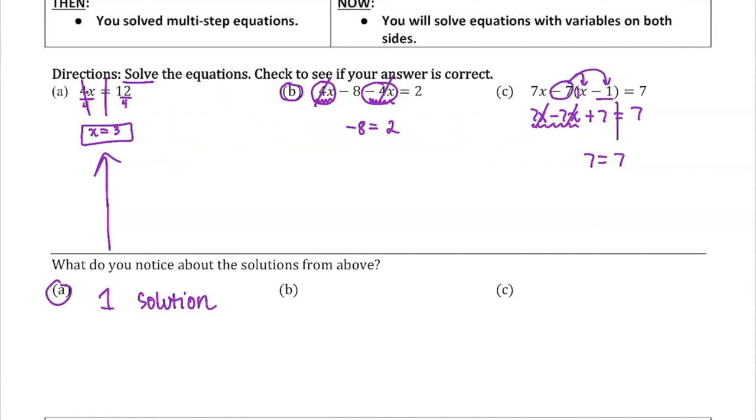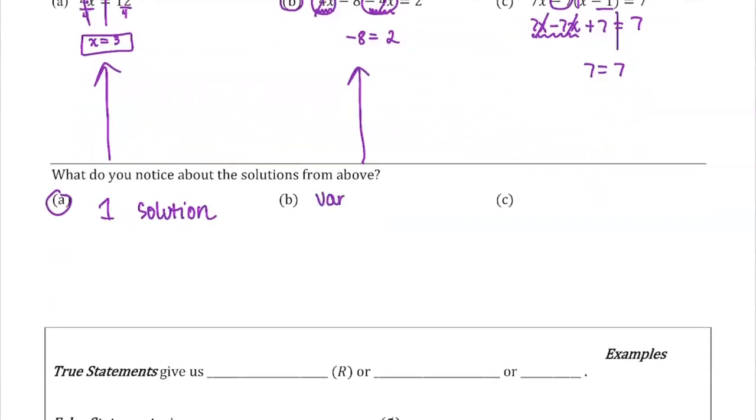But sometimes when your variables cancel, it is possible for your variables to cancel. And that is telling you that it's not going to just be one solution anymore. If I look at part B here, it's all about what's left. If your variables cancel, and you're left with a false statement, all right?